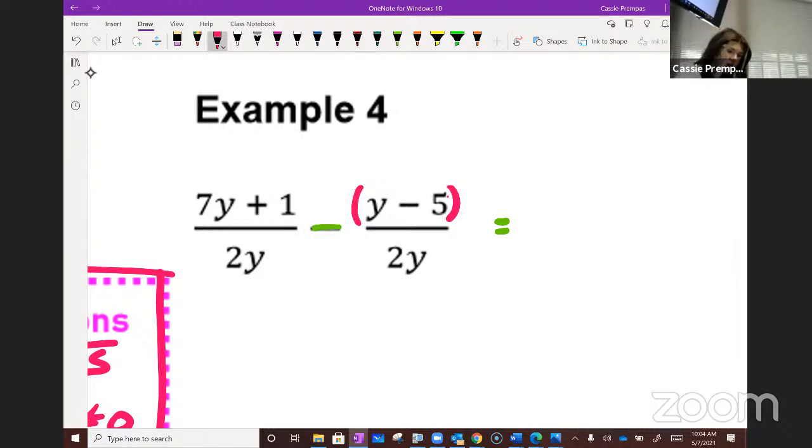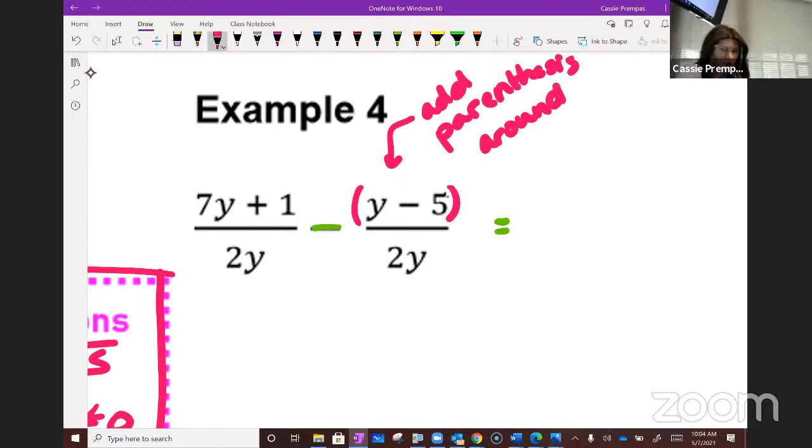So I would say add parentheses around two terms, especially in the case of subtraction. Because Ezra looked at it and he's like, oh, wait, that negative is going to become a positive. He's correct, because when I subtract a parentheses, I have to distribute that negative.